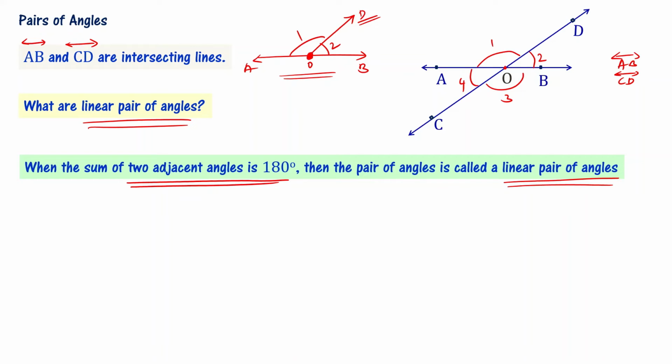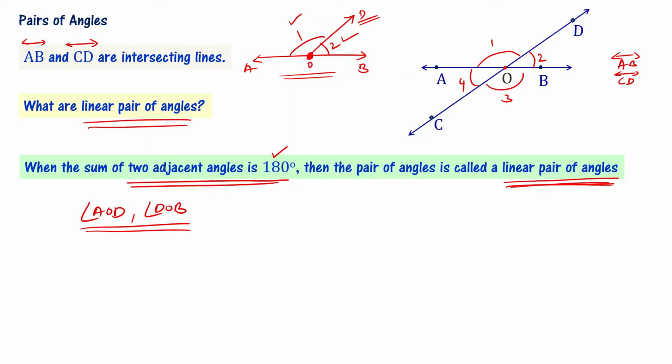For that reason, angle 1 and angle 2 are adjacent angles, and at the same time their sum is 180 degrees. So you can say that they are a linear pair of angles. Shall we write now the pair? Angle 1 is AOD and angle 2 is DOB, right? This is a linear pair of angles.